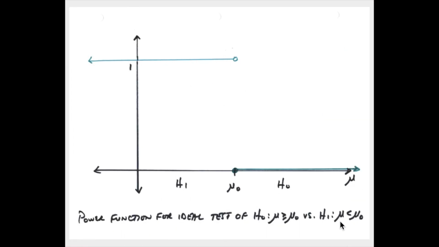For an ideal left-tailed test, the null hypothesis would be that mu is greater than or equal to mu naught versus the alternative that says that mu is less than mu naught. The power function for an ideal test would look like this.